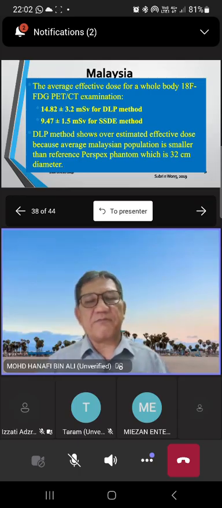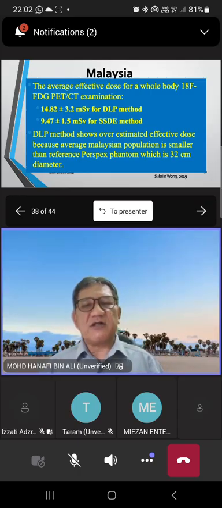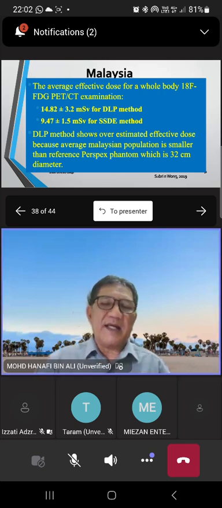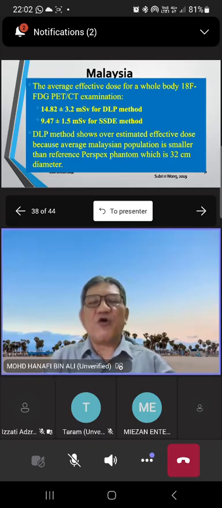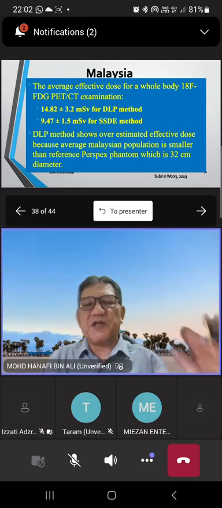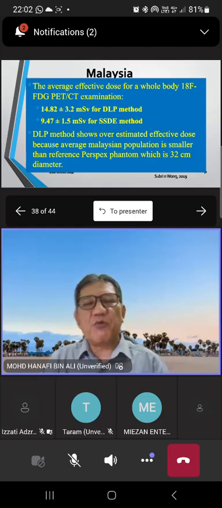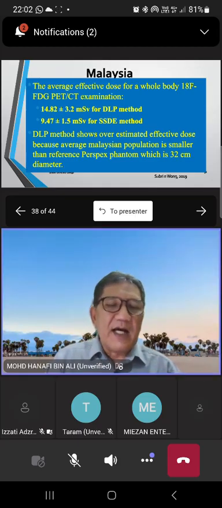That's a better approach, an automatic approach. And with that, we can reduce the dose to the patient, or we can optimize the radiation dose to the patient in our Malaysian population.